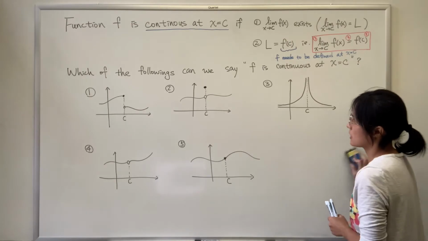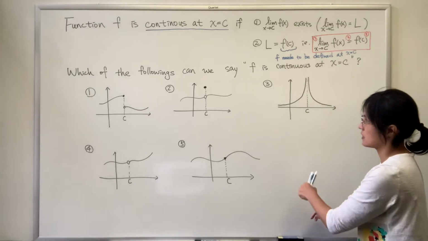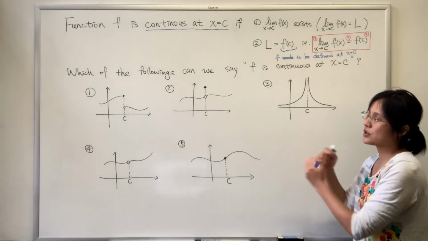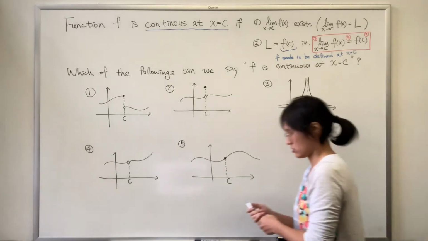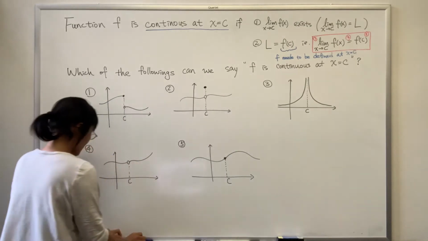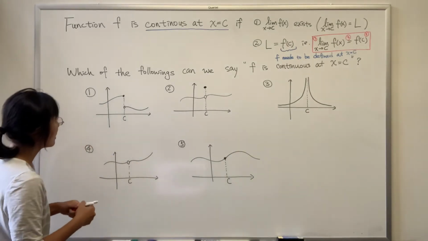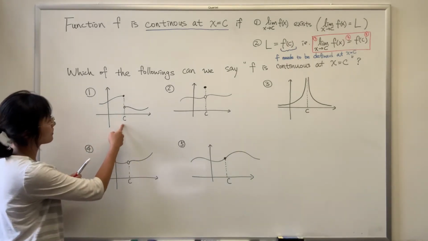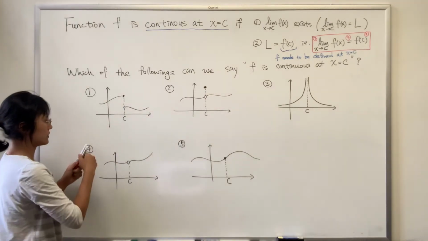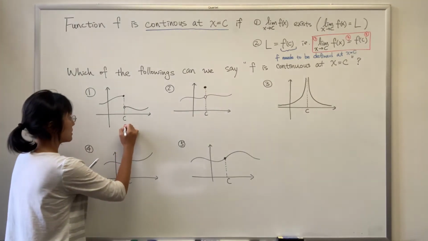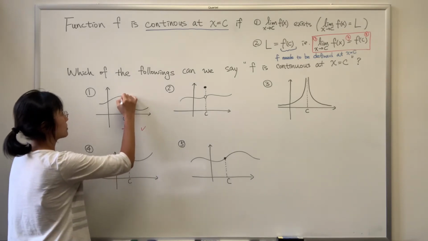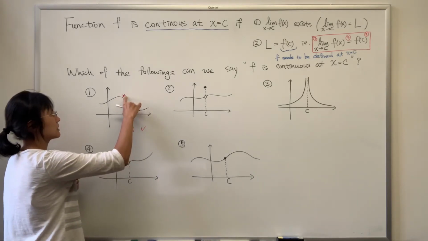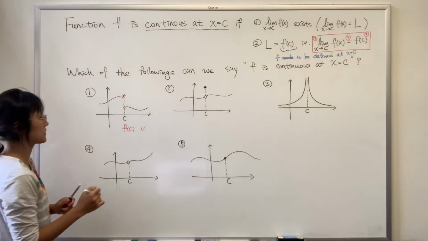So we're gonna use this example to see what that means. We're gonna look at these graphs and see for which function f we can say f is defined at x equal to c. All right, here we go. So in the first graph, do we have f of c? Yes, we do. f of c is defined. The height at this point is f of c.